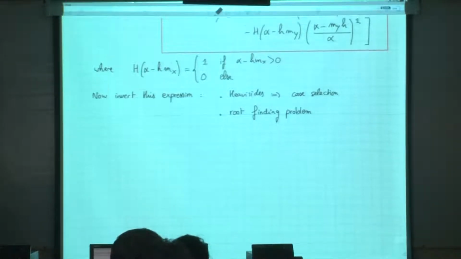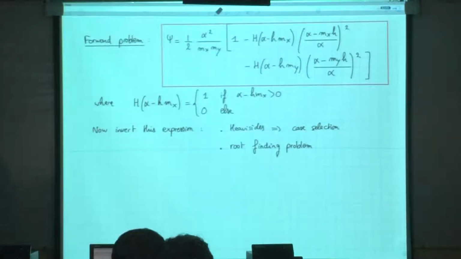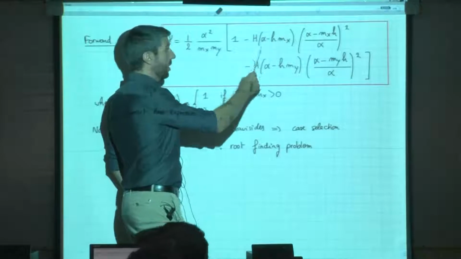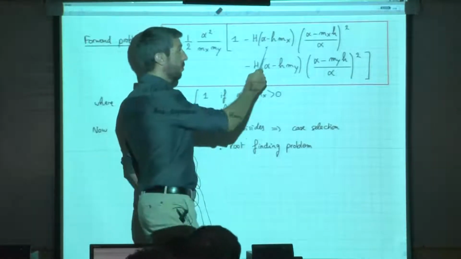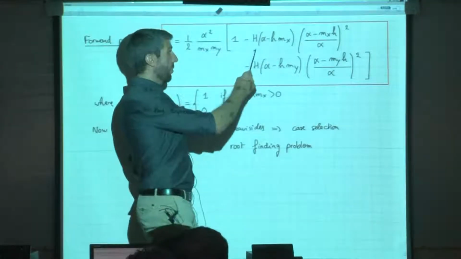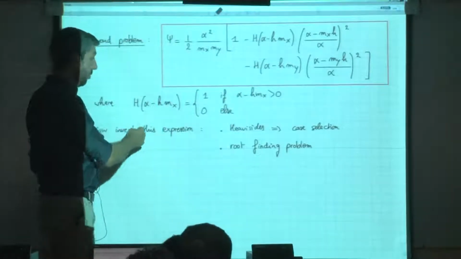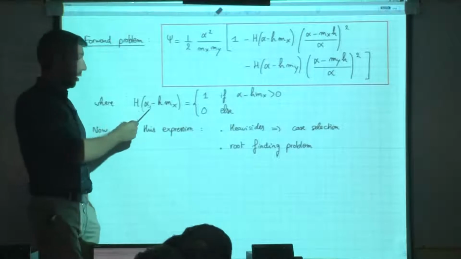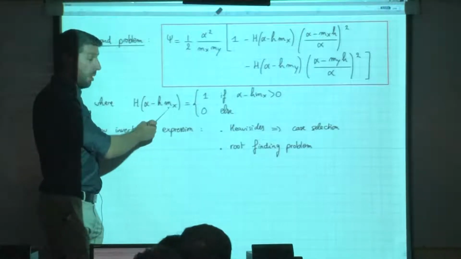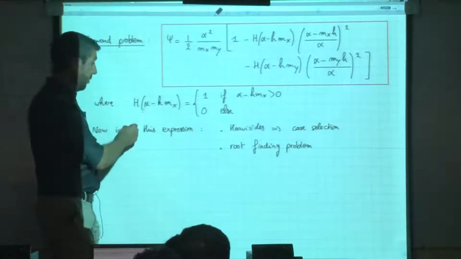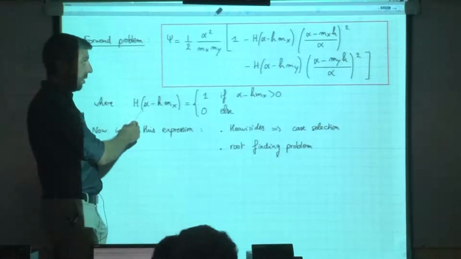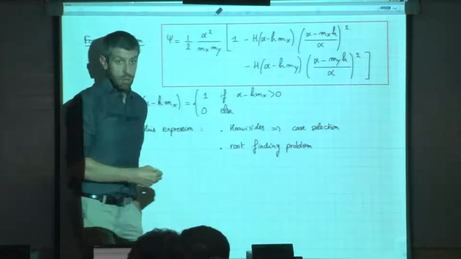Okay, so let's think about the cases. How do we solve this? When does this Heaviside matter or when does it not matter? Well, it doesn't matter if alpha minus h times mx is less than 0. Alpha we don't know, but h we know and mx we know. So basically, I know what is the value of alpha that turns on this value.